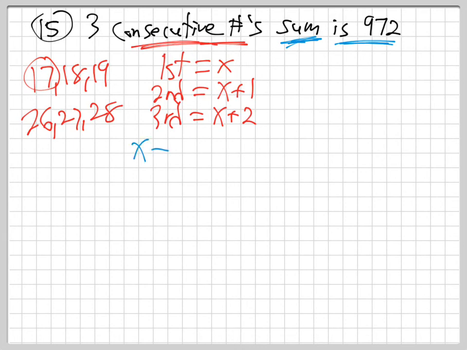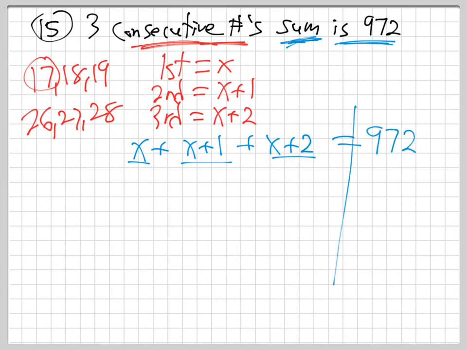All right, so I'm going to jump in. X, x plus 1, x plus 2, add up to be 972. So that means 1x, a second x, a third x, so 3x, and then 1 plus 2, 3x plus 3 is 972.